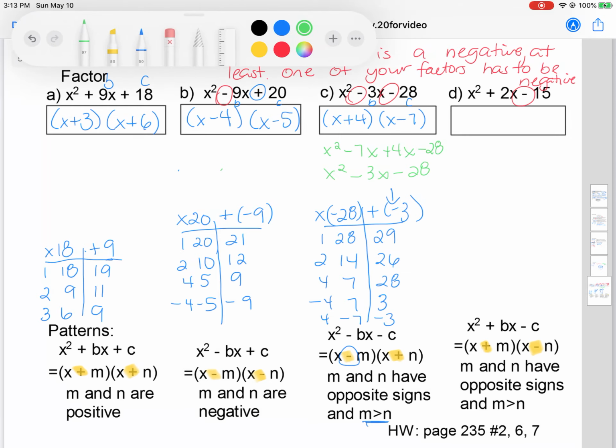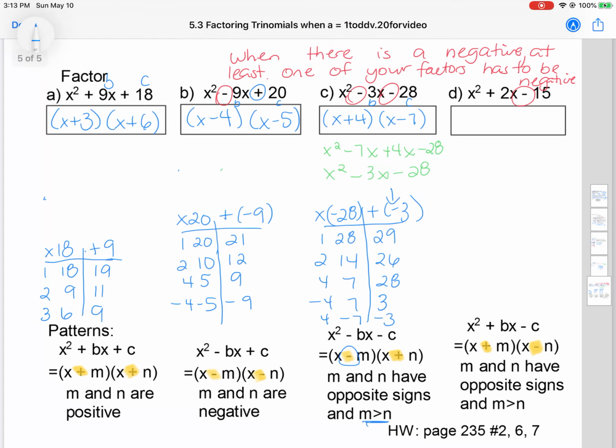And again, eventually we're going to get to where we're going to solve these, or we're going to talk about what x is and what it means, including in science, physics, chemistry, everything. So the two x value possibilities here in our two little binomials when you have factored form are going to have important meanings later. Okay, so now again in D, we have a negative sign as well.